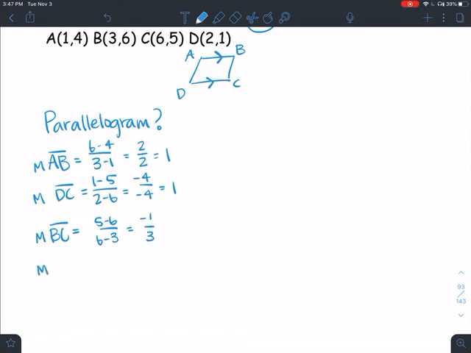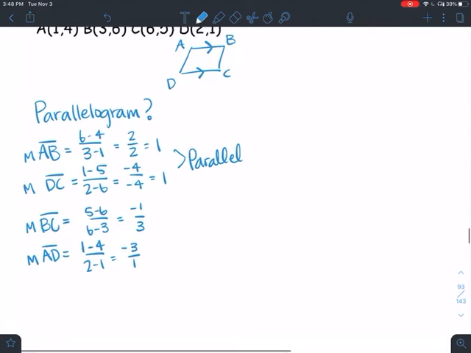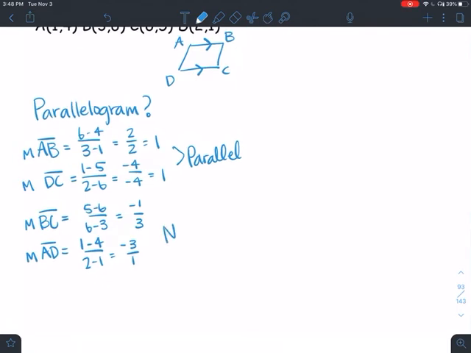And the last one, the slope of AD, will be 1 minus 4 over 2 minus 1, which gets me negative 3 over 1. So while AB and DC are parallel, BC and AD are not, so this at least gets us a trapezoid.